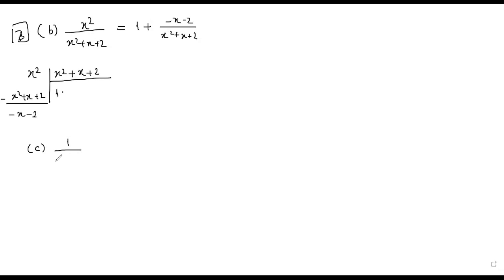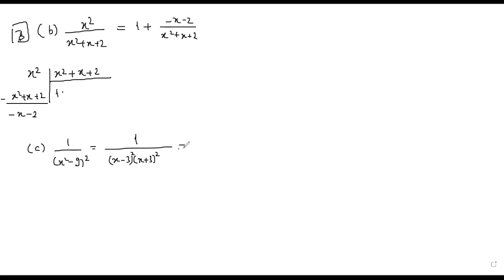We have 1 over x squared minus 9 squared. This denominator can be written in this form: x squared minus 9 is equal to x minus 3 times x plus 3. As we have squares of them, we have squares of these parentheses.